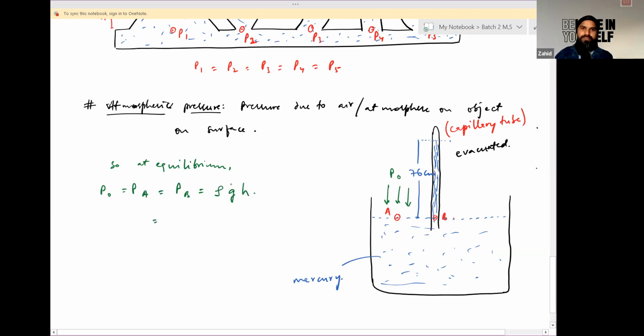If you put the value of rho for mercury, whose density is 13.6 into 10 to the power 3, gravity is 9.8, and vertical column raised is 76 centimeter, so divided by 100, on simplifying you will get 1.013 into 10 to the power 5 Pascal. This is called 1 atm or atmospheric pressure at ground level or sea level.